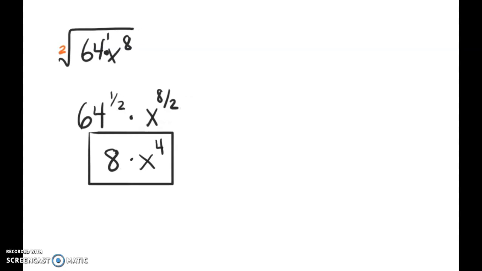If it is the cubic root, so let's say you had the cubic root of a negative 216.